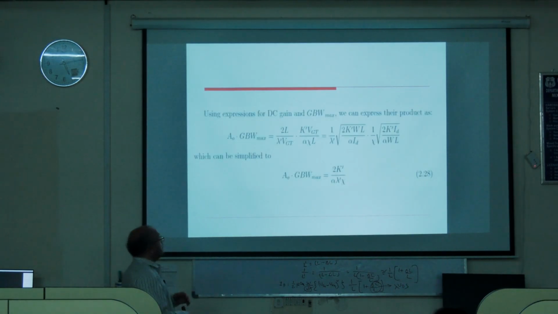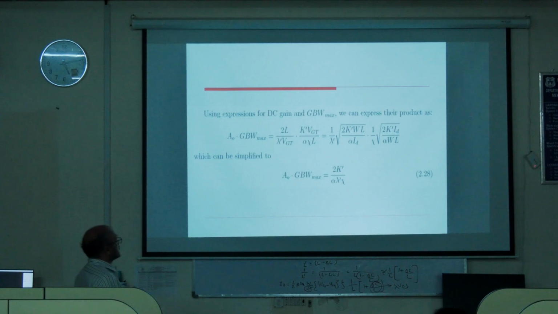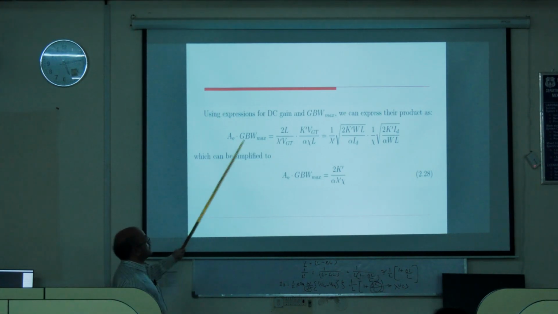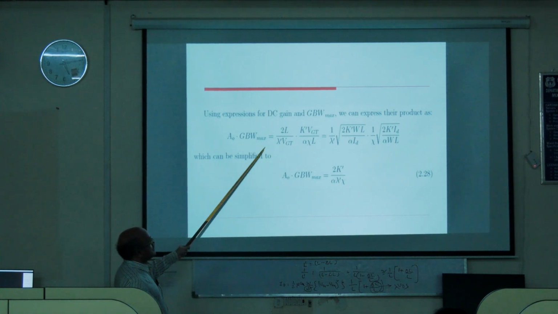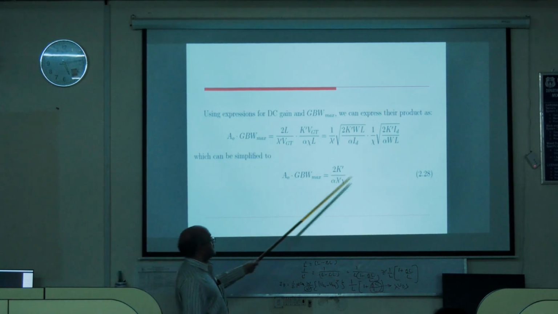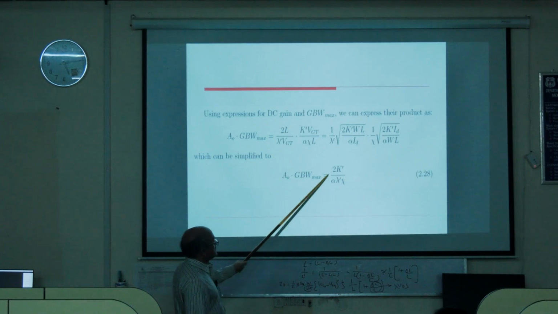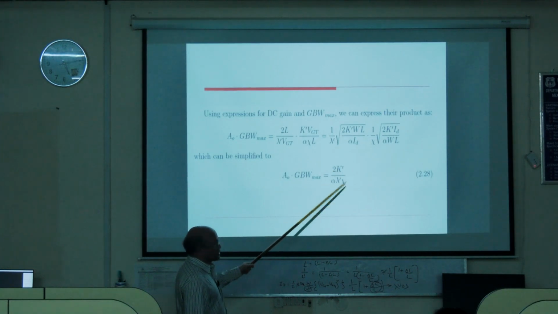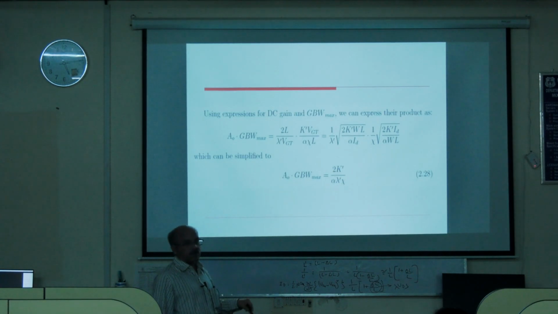One important observation we try to draw here: if you evaluate the gain multiplied by GBW maximum, you find that it is ultimately some 2k dash by alpha, and so on. Don't read too much into what lambda is; all this is just a function of technology parameters.